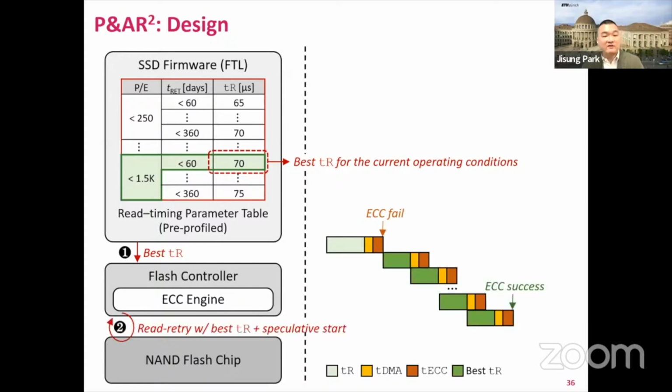The flash controller performs a read-retry with the reduced timing parameters, meaning that it uses AR², while speculatively starting the next retry step, meaning that it also uses PR², until the ECC decoding succeeds. Finally, the flash controller sends the correct page data to the user through the SSD controller.